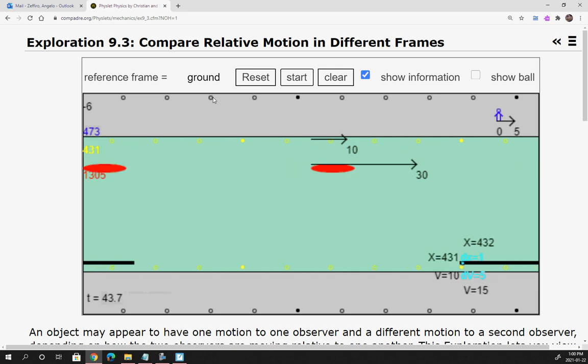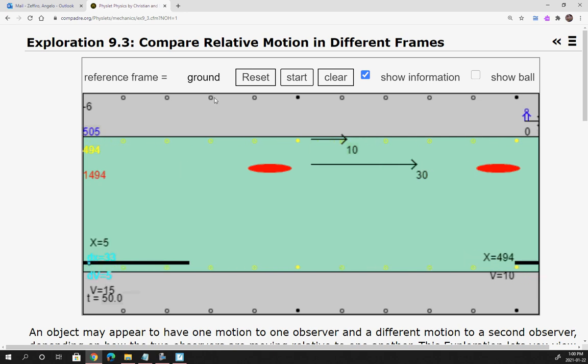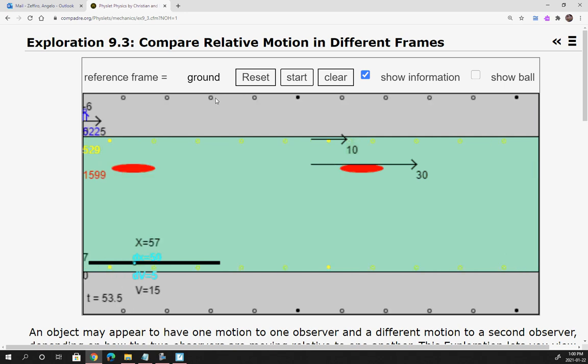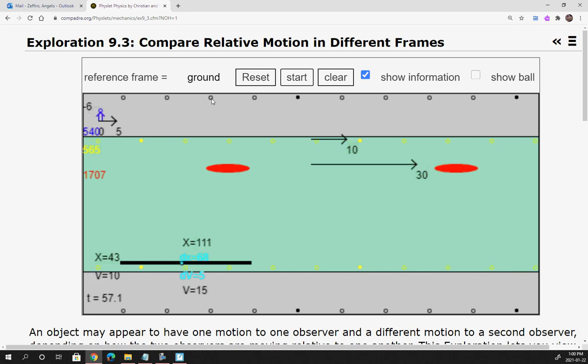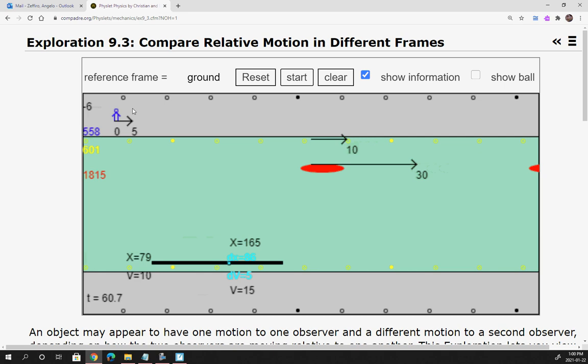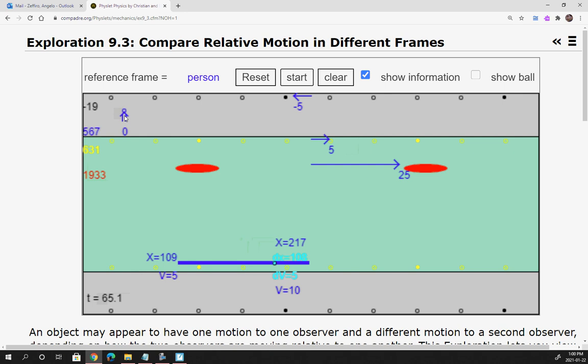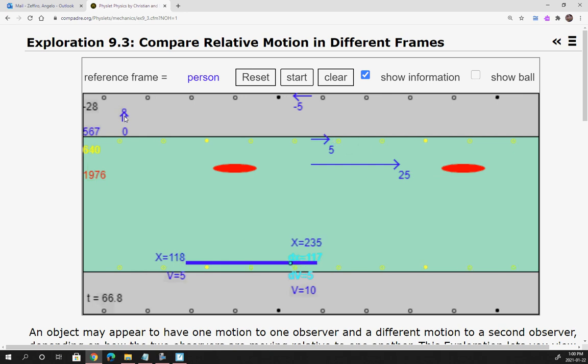But that's not the only reference frame you can have while watching all of this motion. There's other reference frames that you can look at, as I said a moment ago. One of the reference frames you can have is, what does this all look like if you're the person walking, the blue person, part of the Blue Man Group? There they are. So according to me, I'm still, the ground is moving backwards.